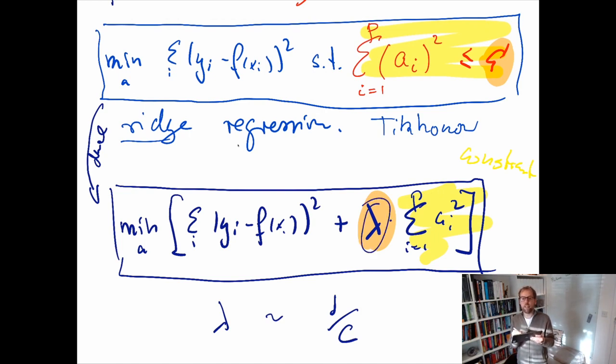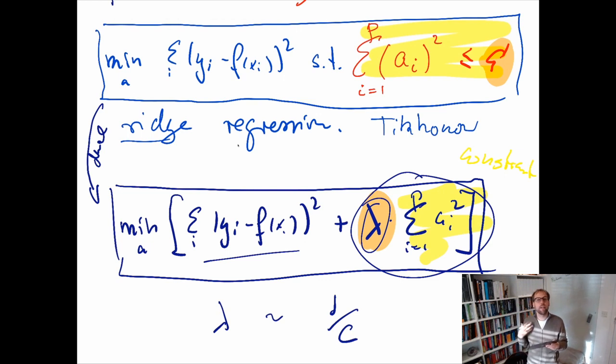If this term goes to infinity, the whole minimization problem will be dominated by it, because the first term will basically be irrelevant with regard to the second term. So I will minimize the sum over the a_i squared, and the solution to this minimization problem will just be all a_i equal to 0.